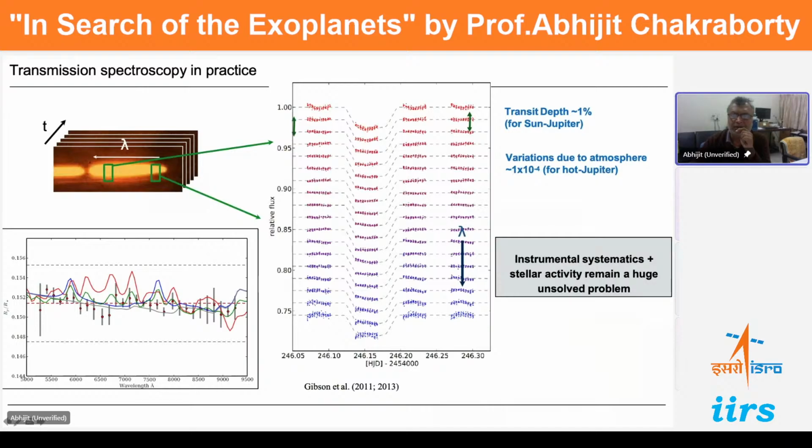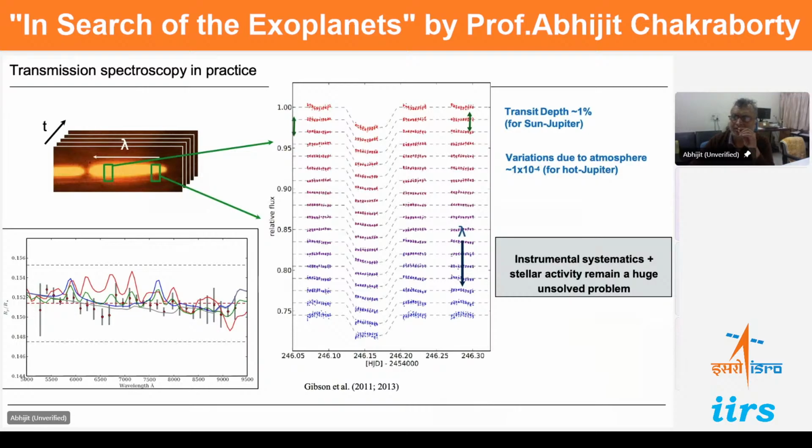So what one does is, so far I have talked of one single dip like this, right? So we have a broadband photometry of say 500 to 900 nanometers, and then you get the dip like this. But suppose I break it into small bands, instead of 1000 nanometers or 500 nanometers bandwidth, I make it, let us say, 1 nanometer bandwidth, or 10 nanometers bandwidth.